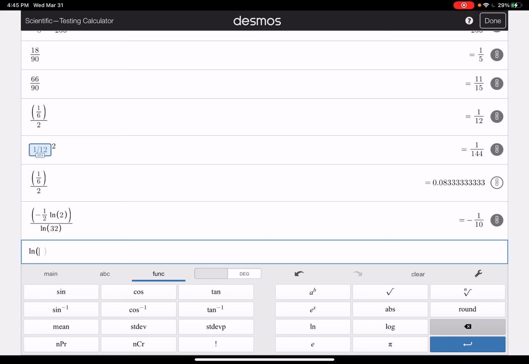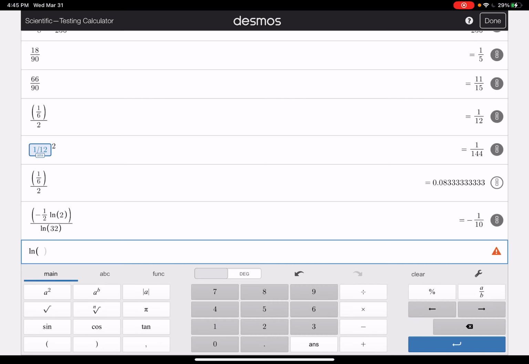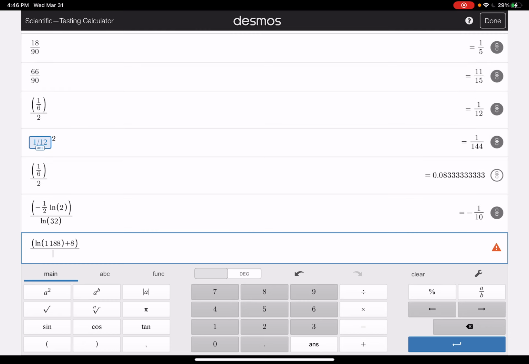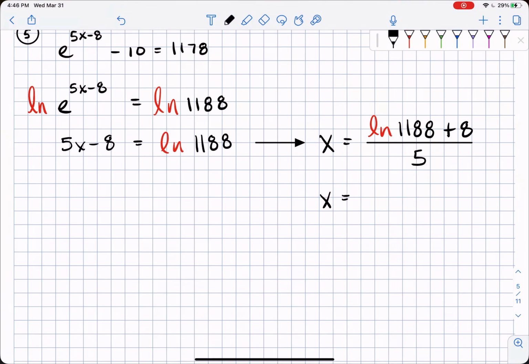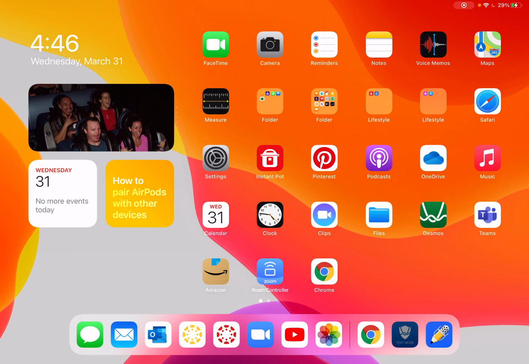So I have the ln of, oops, and this was 11, not 7, 1188. And this was plus 8, and then divided by 5. Is that what I have? Yeah, plus 8 divided by 5.